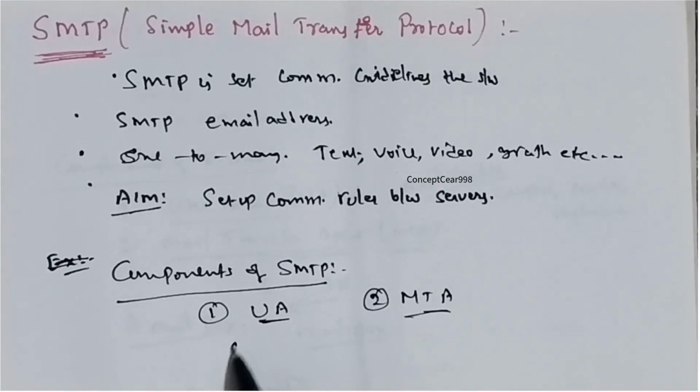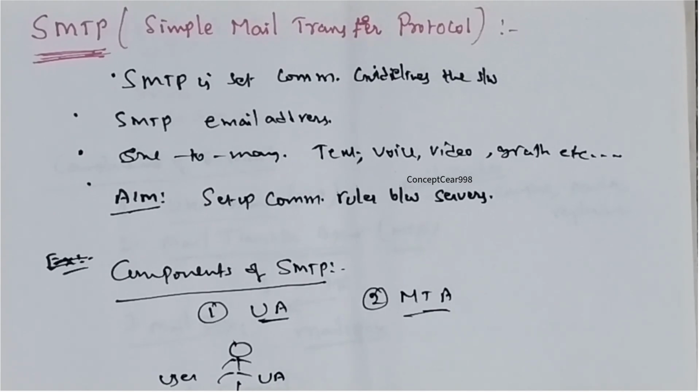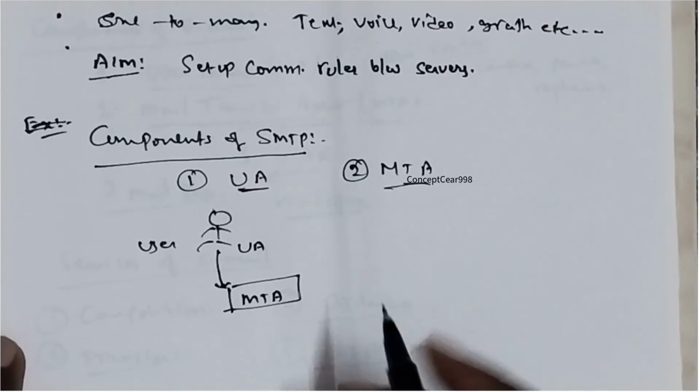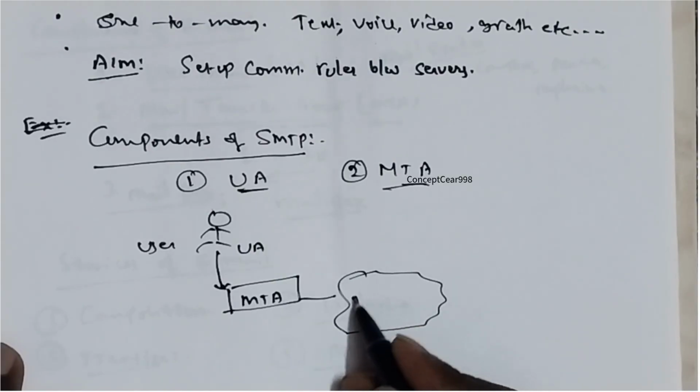For example, the sender, that is the user agent, will prepare the mail and send it to the MTA, the mail transfer agent. Here the mail transfer agent sends the email over the internet.